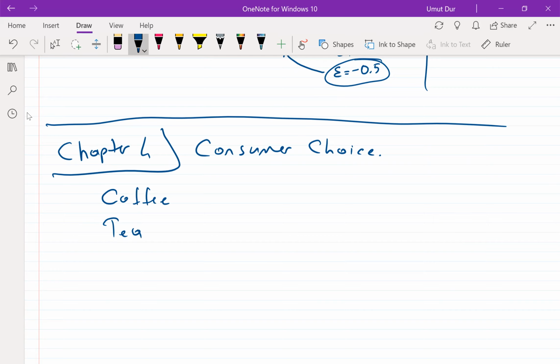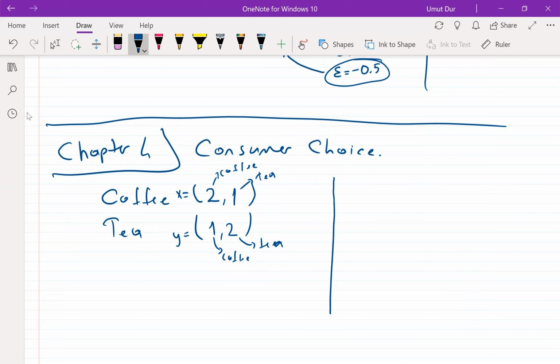Every day I say that you can get either 2 coffee and 1 tea, or 1 tea or 2 coffee. This is the cup of coffee, this is cup of tea. Let's say that this first bundle is represented by X and the second bundle is represented by Y.